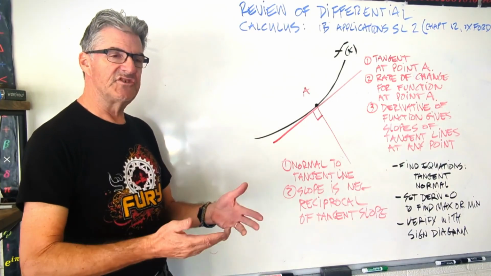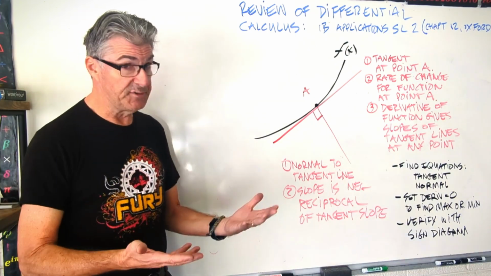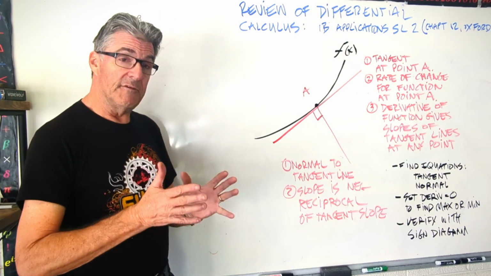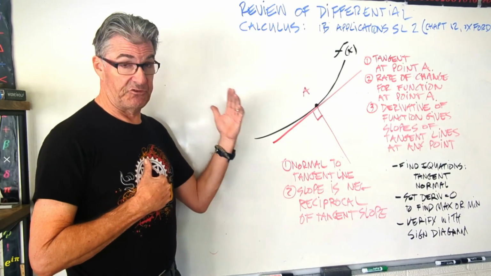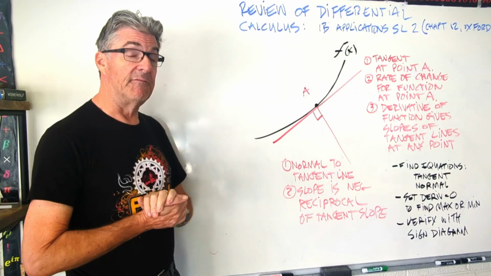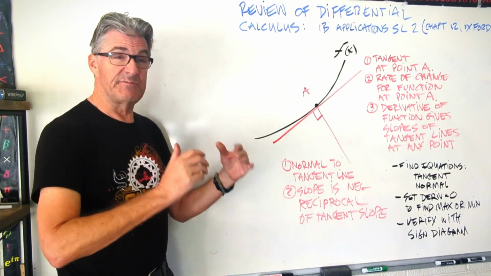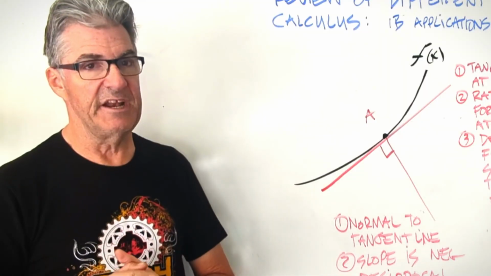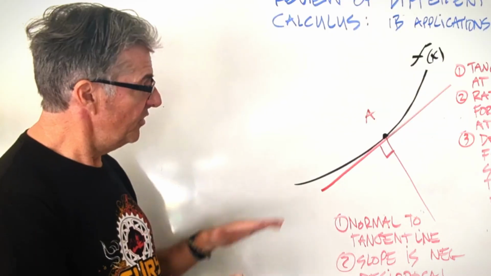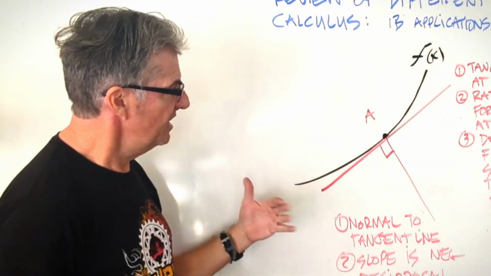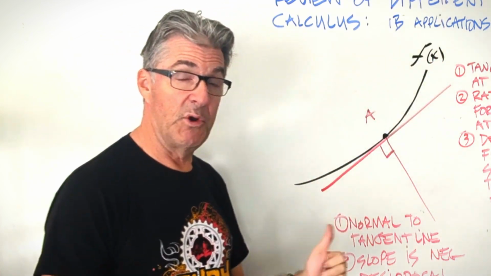All right, I know we finished up with some word problems about maximization and minimization and optimization, but all of those problems have a fundamental understanding of the function and its graph. So I want to finish this video by reviewing that context. If you can hold that in your mind, it's very possible to do all of these complicated problems because they all relate back to this. Okay, so in black, there's my function. It's a curve. Rate of change on that curve changes from point to point.